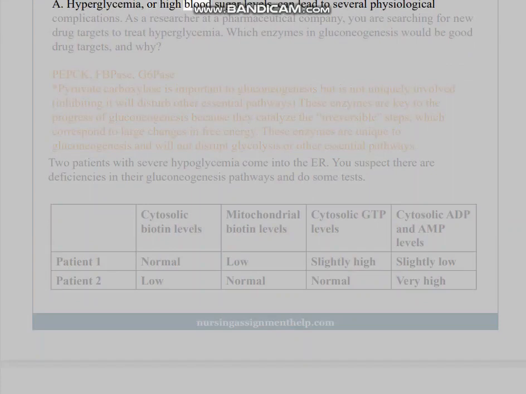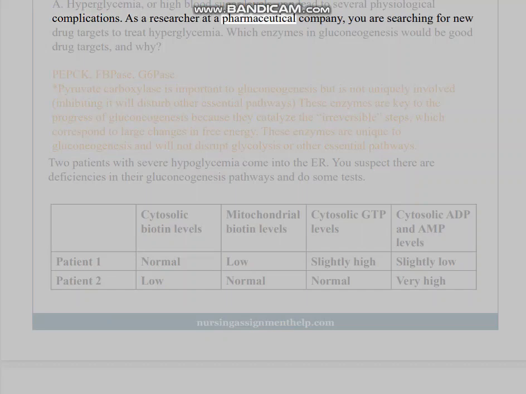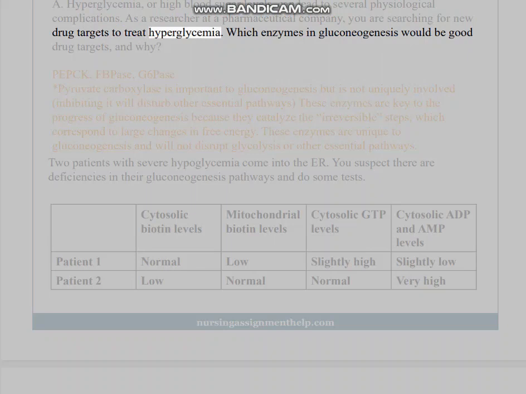Hyperglycemia, or high blood sugar levels, can lead to several physiological complications. As a researcher at a pharmaceutical company, you are searching for new drug targets to treat hyperglycemia. Which enzymes in gluconeogenesis would be good drug targets, and why? PEPCK, FBPase, G6Pase.